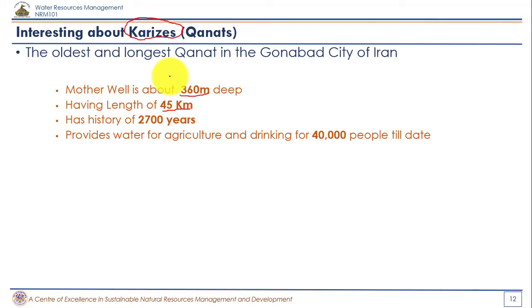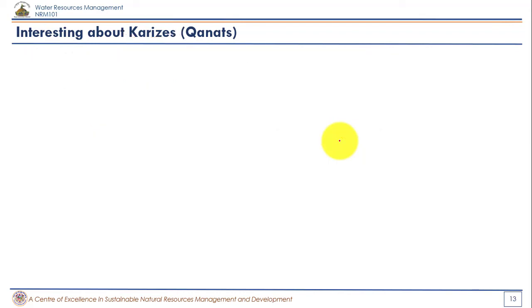The oldest and longest Qanat tunnel is around 45 kilometers, and this is still working. It is around 2700 years old, and it has been providing drinking and agricultural water for about 40,000 people to date.